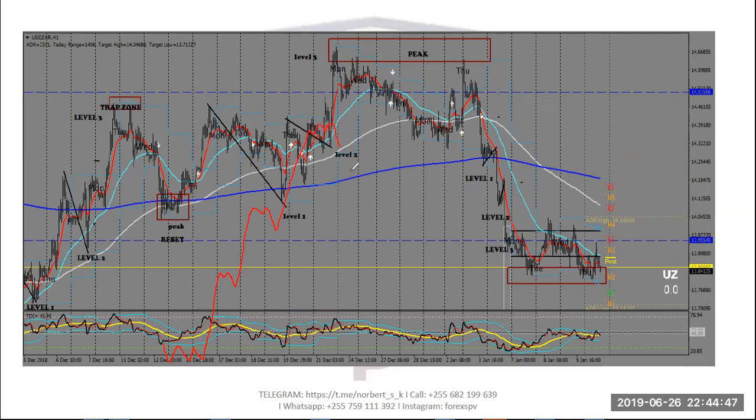He moves 1 to 1.5 ADR. Then the dealer forms another peak here. And then 3 more levels are seen. Now this one is the peak reset.